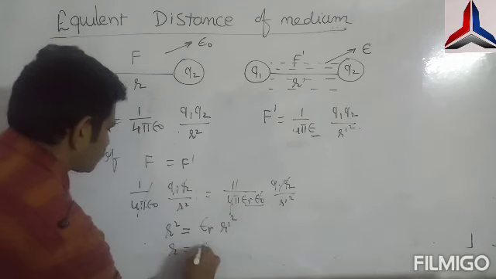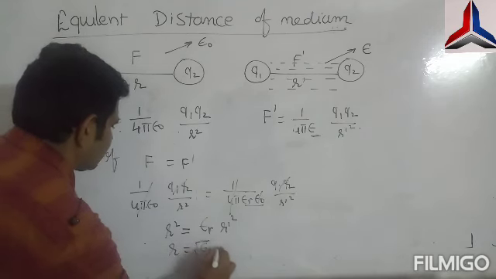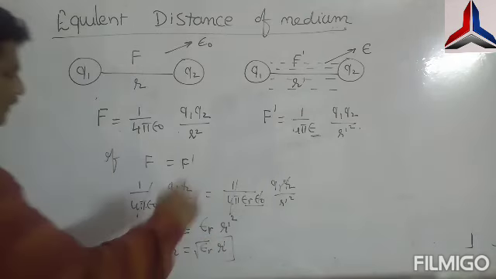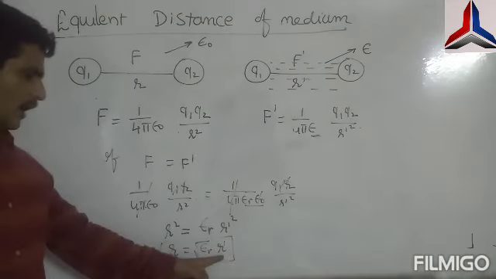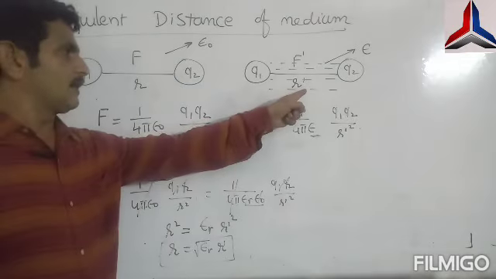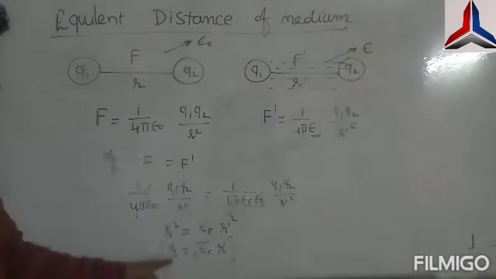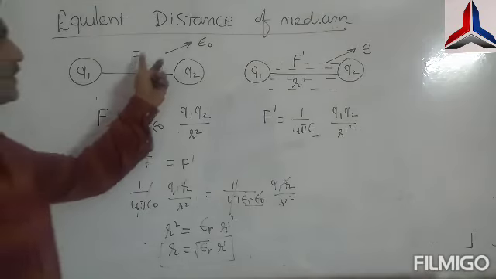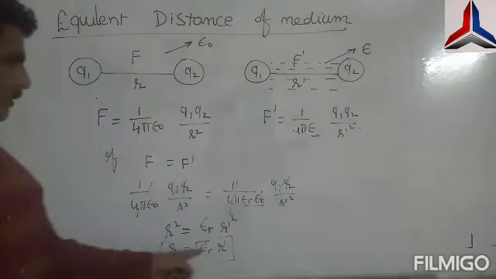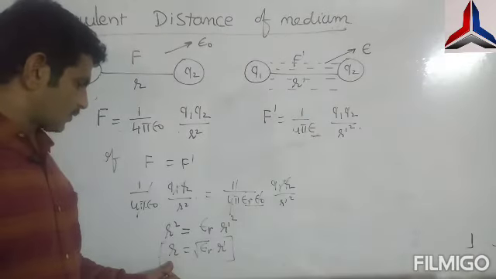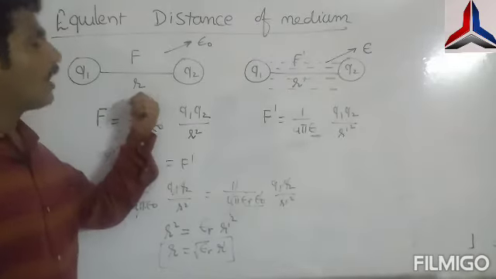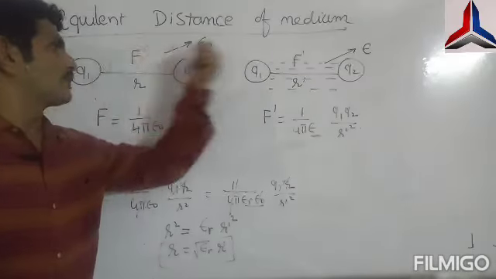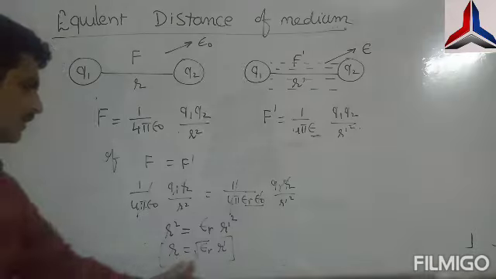Therefore, R equals the square root of relative permittivity times R dash. This is the relation. So if R dash is the distance in a medium and R is the distance in air, for getting the same force, they should follow this condition.